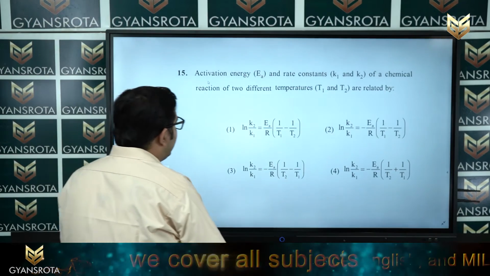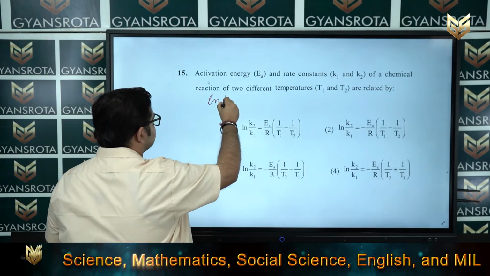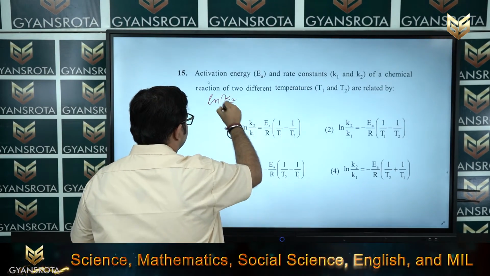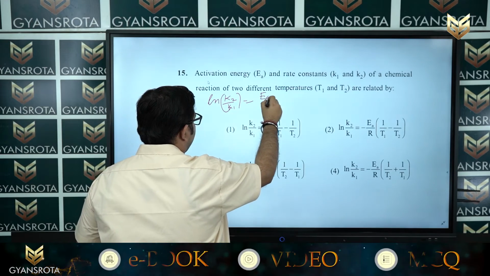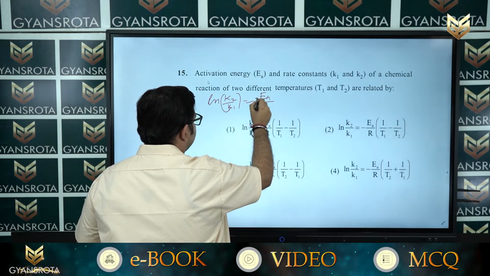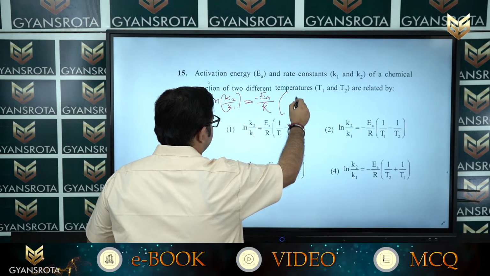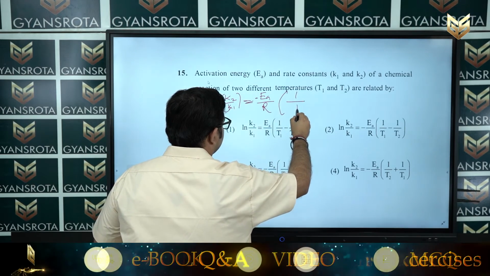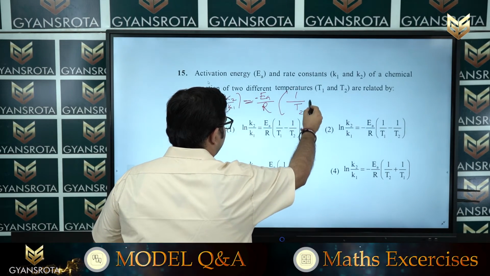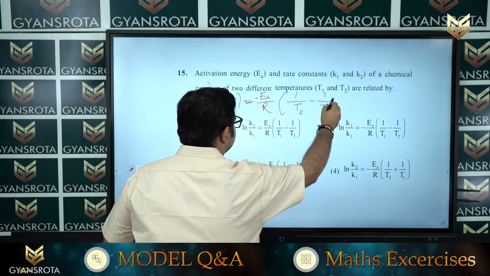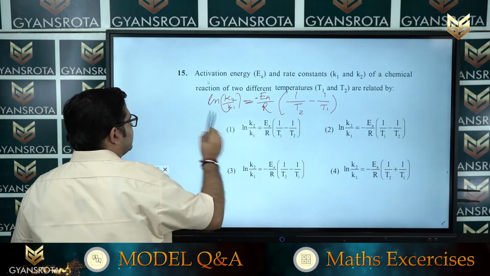Now, ln of K2 by K1 is equal to minus Ea by R times (1 by T2 minus 1 by T1). Okay, so this is the equation.